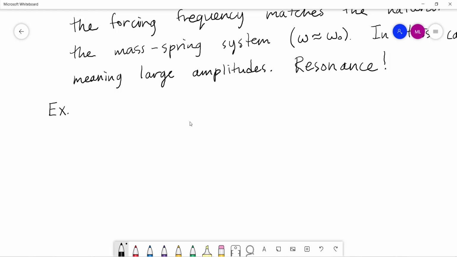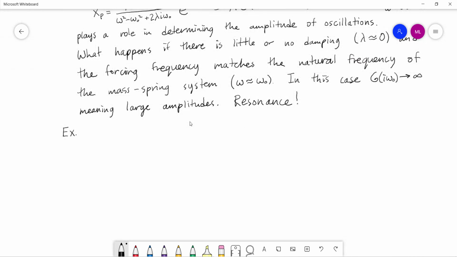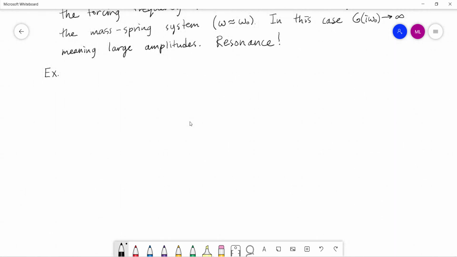And what you get is basically an analogous system. It looks exactly like the mass spring system, but instead of oscillations in the position of a mass, you get oscillations in the electrical current that's flowing through it. I'm not going to do that, but you might want to read that section if you're planning on being an electrical engineer. It's a cool topic to take a look at. So let me just mention that that exists, even though I'm not going to actually do one of those specifically here.